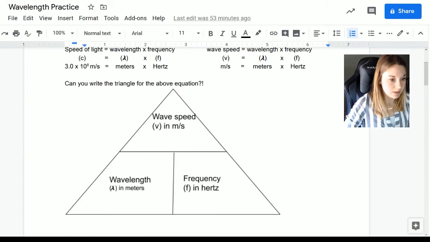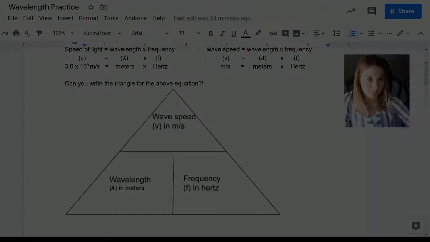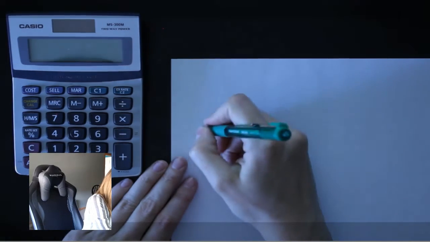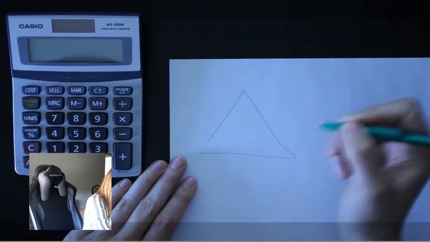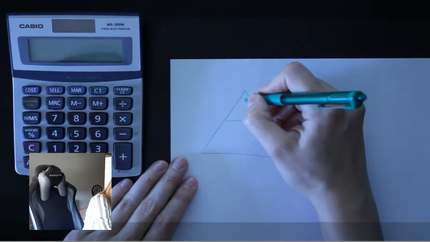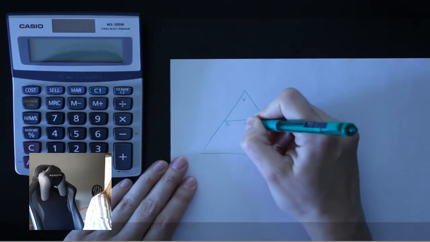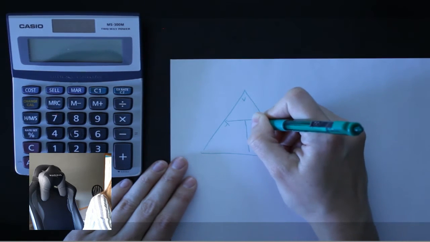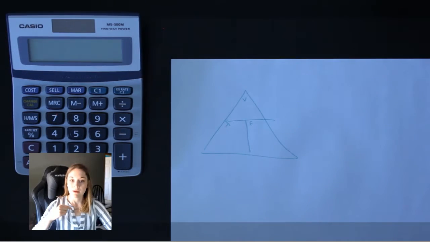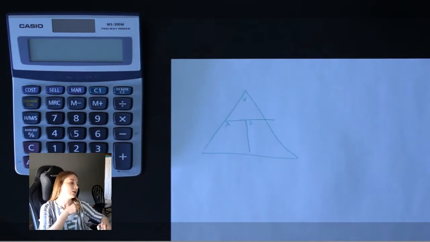So let me get you over here. So just to copy down my triangle, I've got V for wave speed, my lambda for wavelength, and my frequency. And I'll just do the first problem, which says a photon has a frequency.